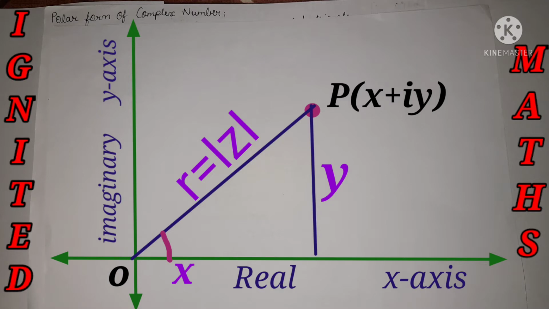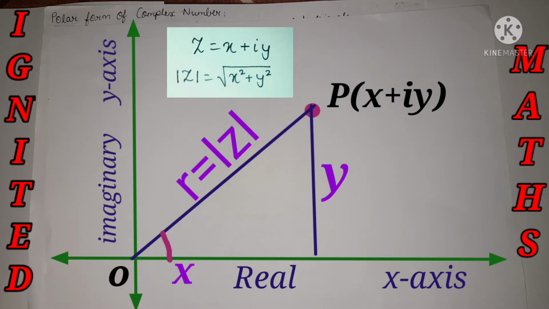Let OP be equal to r, which is equal to root of x square plus y square. It is nothing but the mod value of z, in which z is equal to x plus iy. So mod z is equal to root of x square plus y square. It is the length of OP, and it is called the modulus of the complex number.